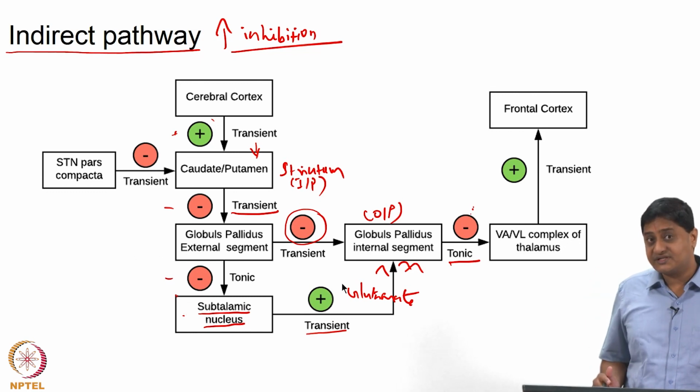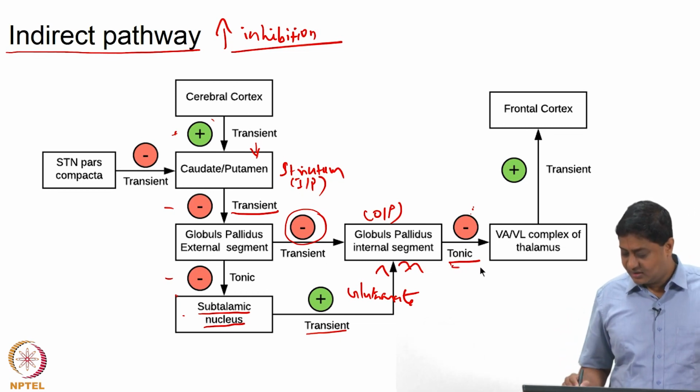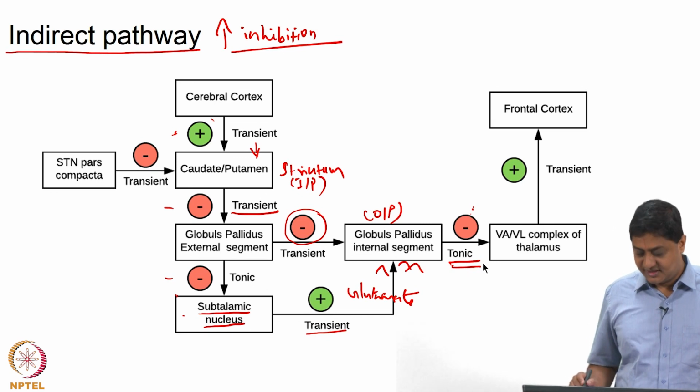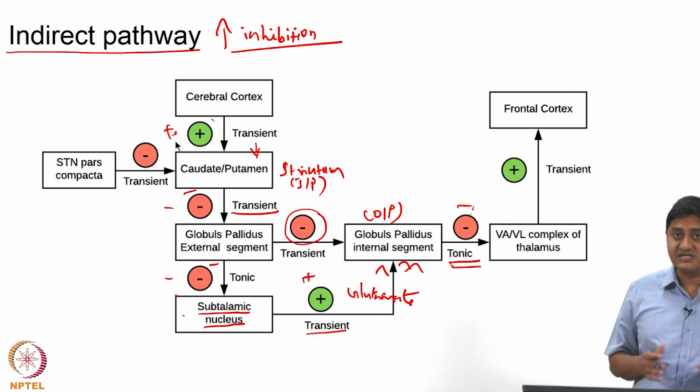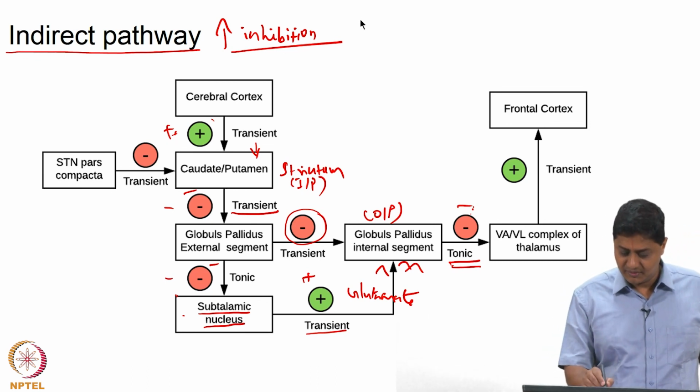And the subthalamic nucleus is actually having glutamatergic outputs to the globus pallidus internal segment, and the globus pallidus internal segment is tonically inhibiting the thalamocortical neurons. Essentially there are 3 minuses, right, and 2 pluses. That means that the net output is actually a minus.